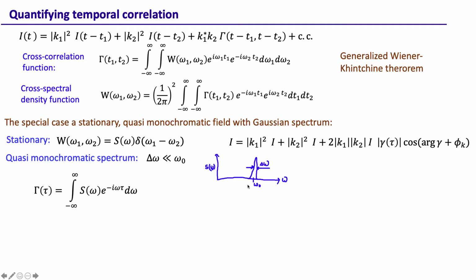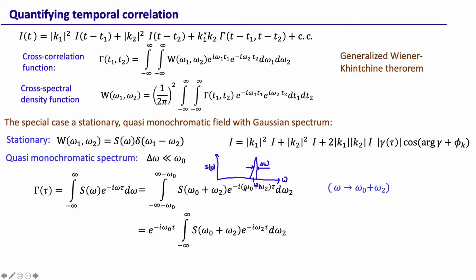Now, in this case our Wiener-Khintchine theorem, which is gamma tau in terms of the spectral density, we can write by substituting omega as omega naught plus omega 2. So these limits go to minus infinity minus omega naught, and infinity minus omega naught. Now we can separate this e to the minus i omega naught tau and take it out.